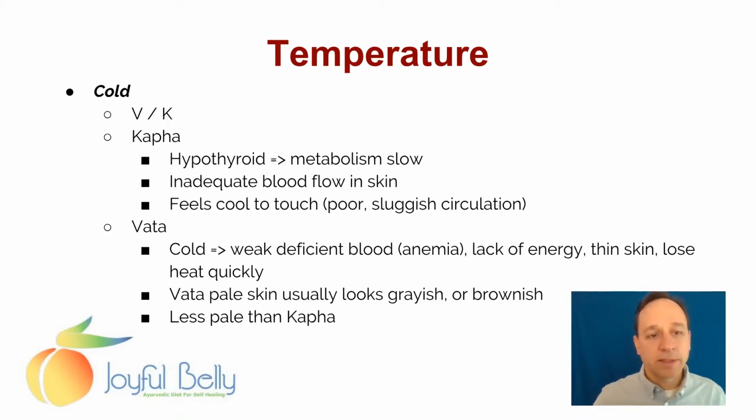And in this case, you'll see that a Kapha person will have drier skin. And you're like, whoa, wait a second, Kapha isn't dry. Well, they're not systemically dry, but their skin may be dry due to poor blood flow on the surface of the skin. So Kapha people feel cool to the touch, and that could be from poor or sluggish circulation.